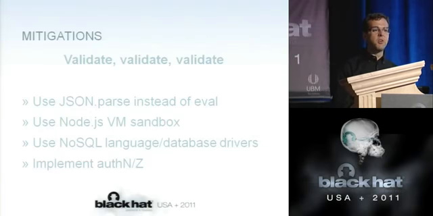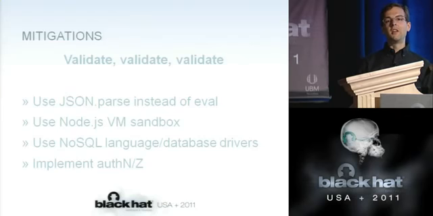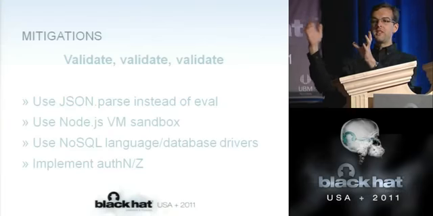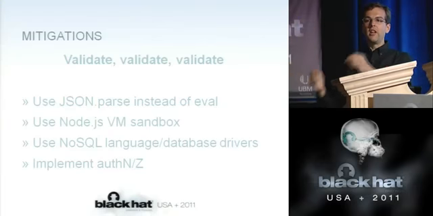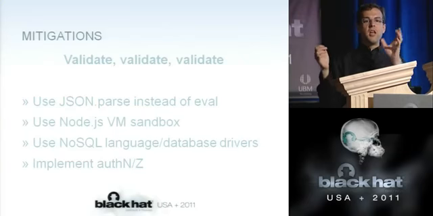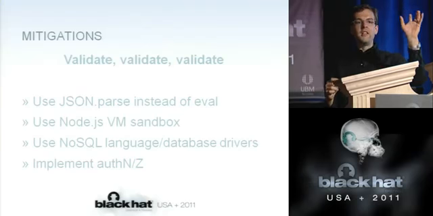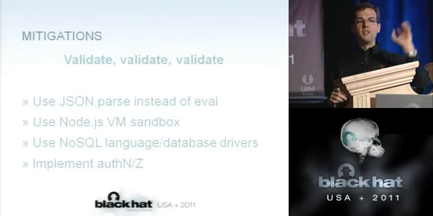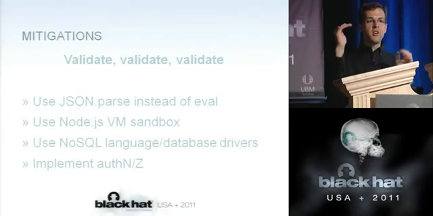Speaking of Node, of all the things that Node can do, it's got one called VM. This is actually a sandboxing mechanism. It prevents you from pulling in all the other little modules. I showed, hey, we're going to pull in the FS module, the child process module. If you run your code in this VM sandbox, it prevents you from doing that.